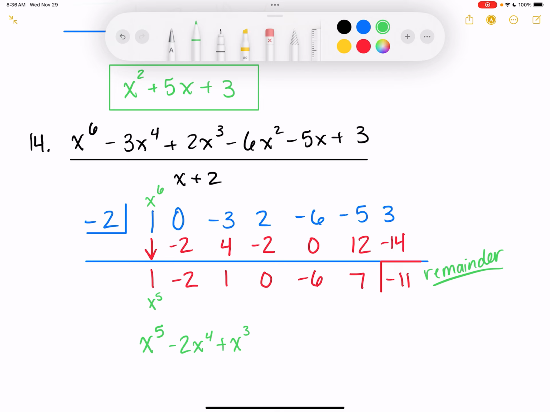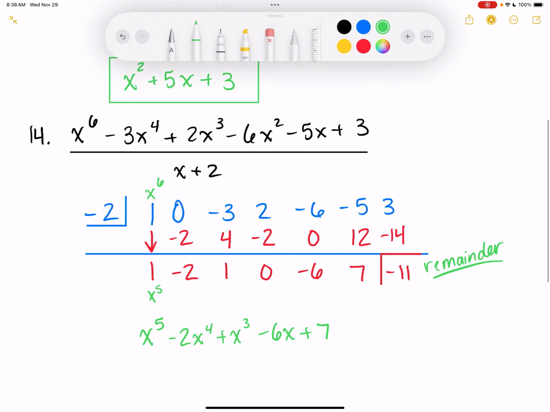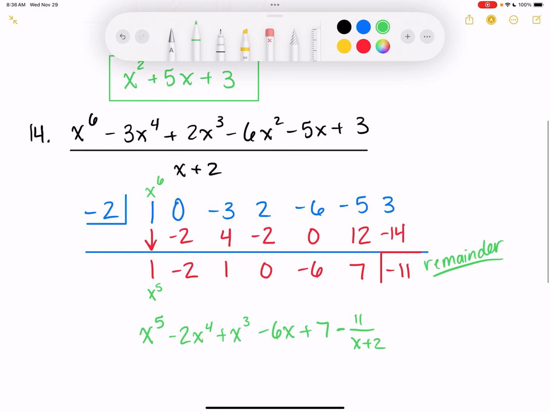So minus 6x plus 7. Now, when we get to the remainder, whatever number this is, we put that sign here. And then we write the number, so 11, over whatever we divided by, which was x plus 2. So that's how it looks if we actually have a remainder with it.